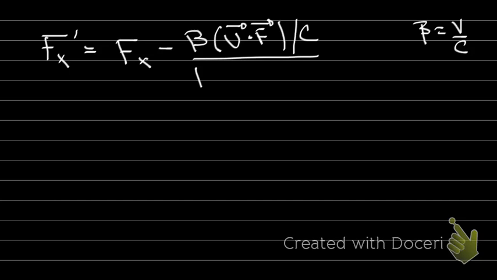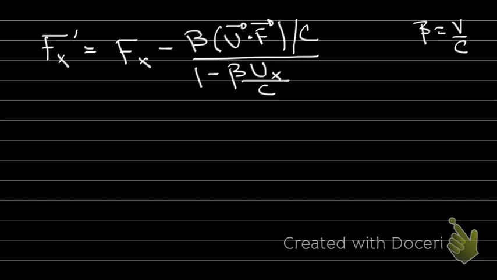And then you would have 1 minus again beta times u in the x direction over c. So this is the Lorentz transformation for the force along the x direction.